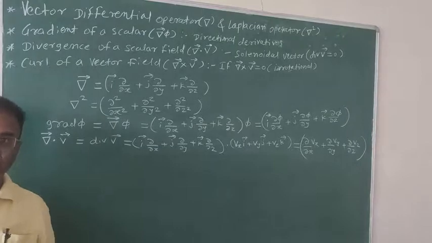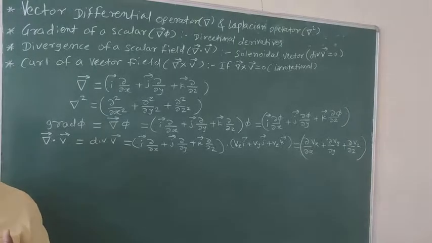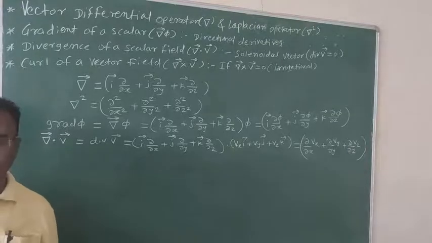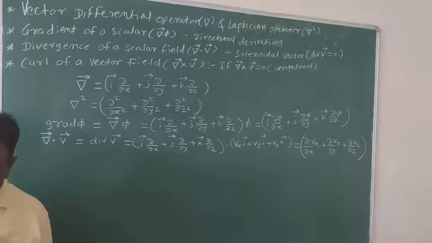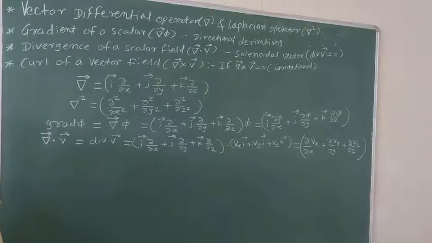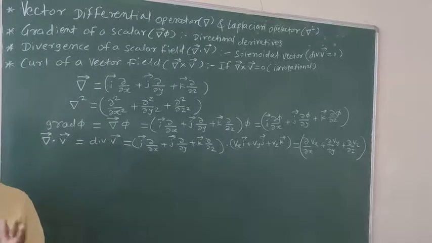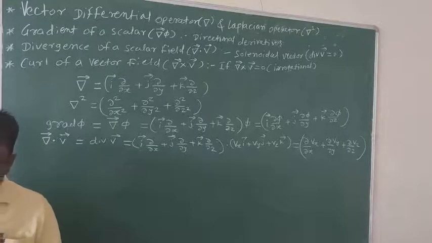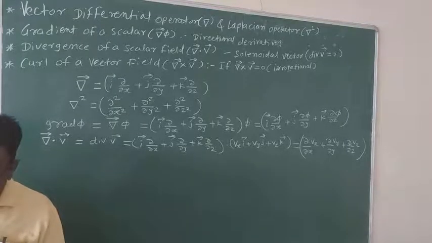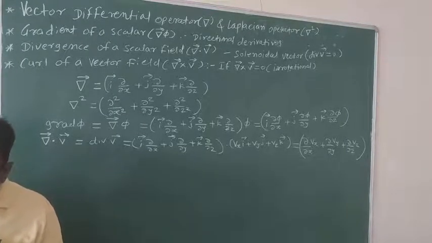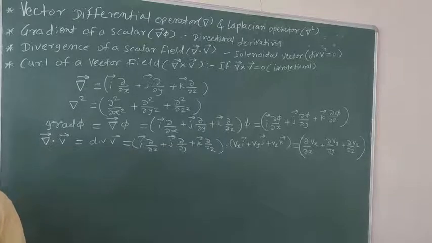But when divergence is positive, it represents the rate at which fluid is flowing per unit volume: either the fluid is expanding at that point and its density decreases, or the point is a source at which fluid is entering the field.